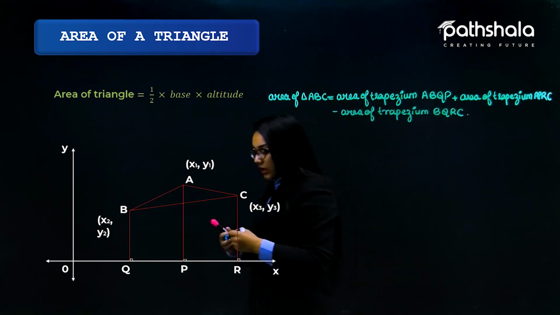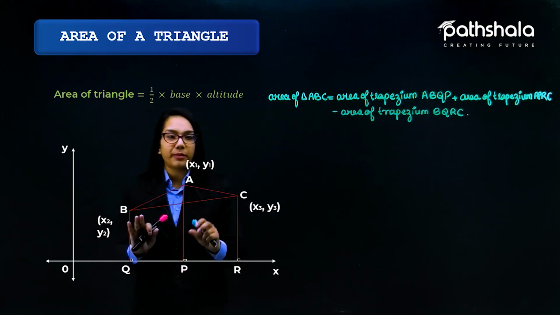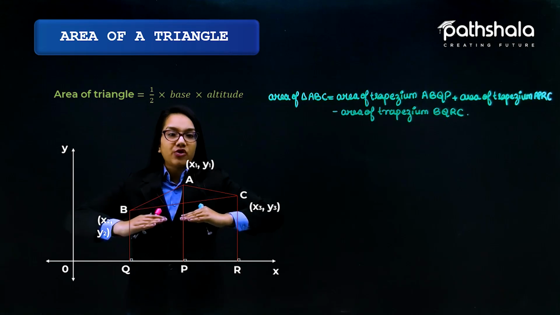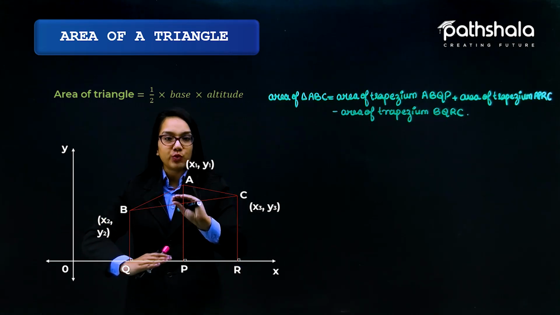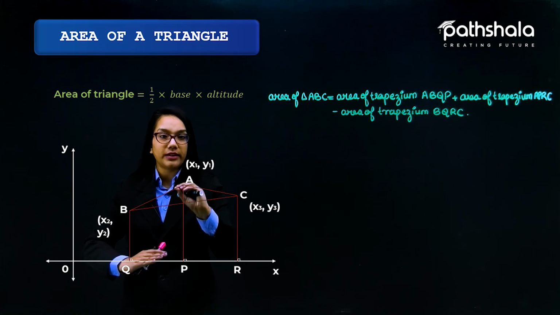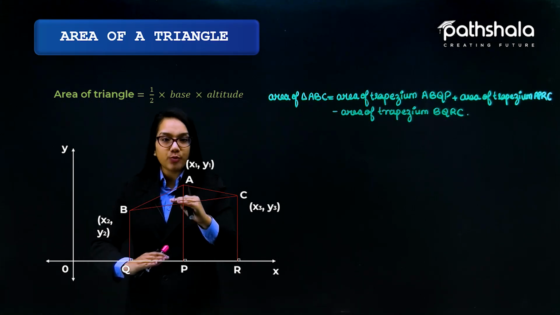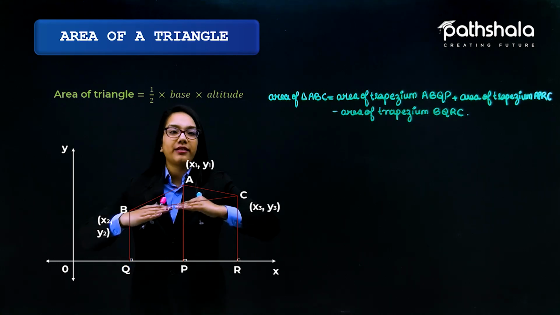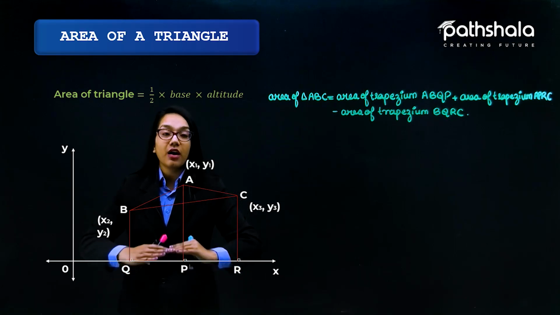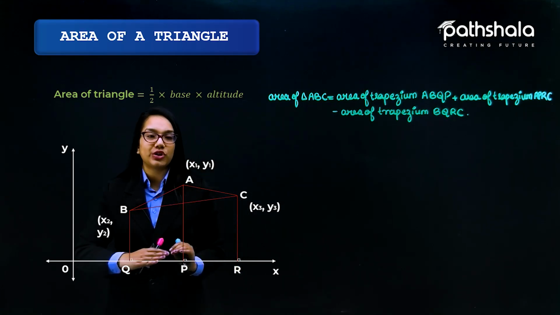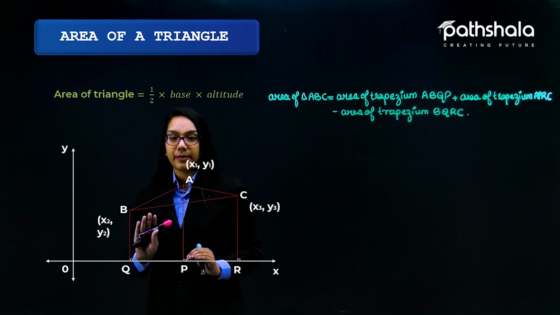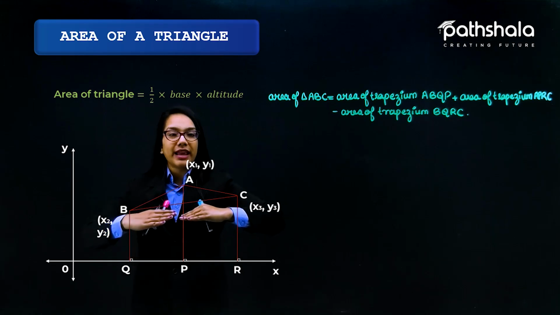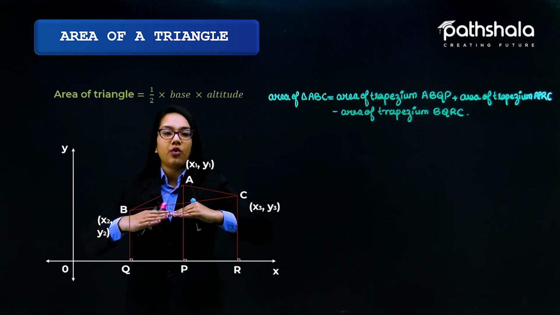Now you can see, if we add the areas of these two trapeziums and subtract the area of this trapezium, we get the region which is nothing but the area of the triangle ABC. Only this portion will be left if we add the area of these two trapeziums and subtract the area of this trapezium. So hence, area of the triangle ABC is equal to the area of trapezium ABQP plus the area of trapezium APRC minus the area of trapezium BQRC.